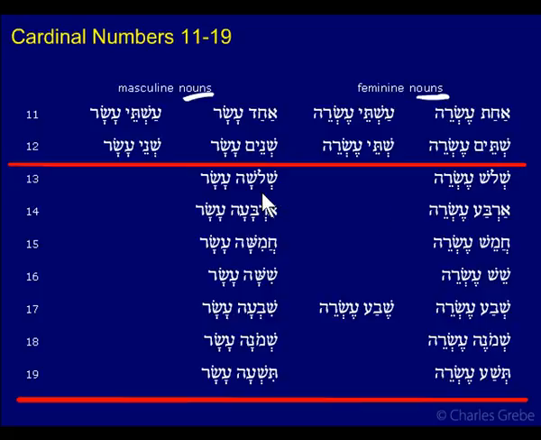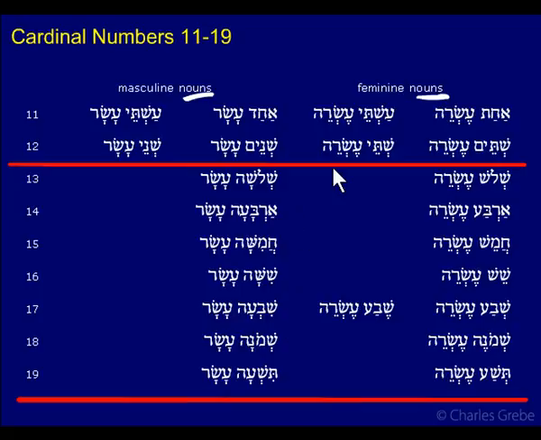So we see here shelosha, that's the feminine ending, and it's going to modify a masculine noun. This one here, ahad, with the dalet there, that is the masculine ending, right? And shnayim, with the nun there, as opposed to the tav, is the masculine ending. So these modify masculine nouns, but these are masculine while these are feminine because of the gender flip. So I probably over-explained that.